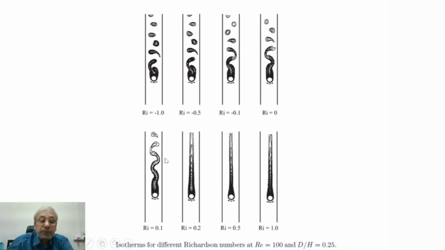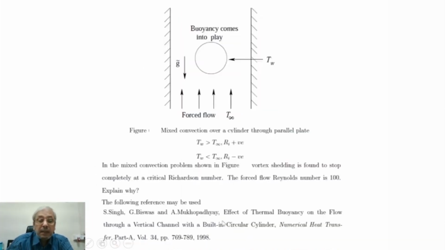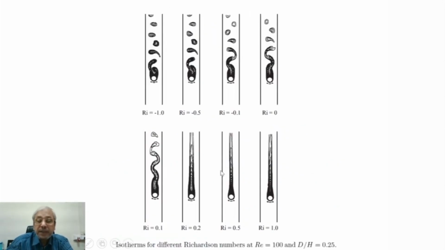Vortex shedding stops. This is what we have explained earlier, and obviously this is something very unusual, but as I said, when free convection is superimposed with forced convection, plenty of interesting and novel features can be observed.